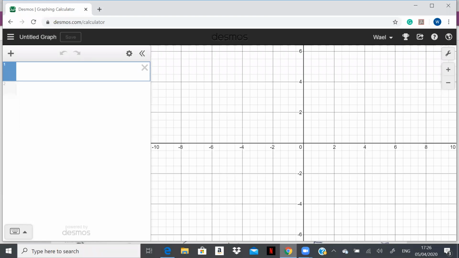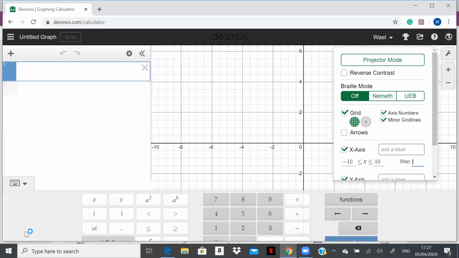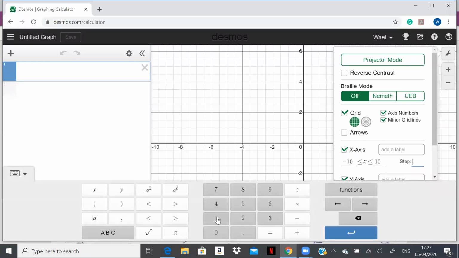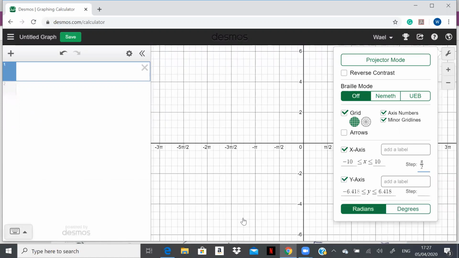We go to settings, go to step, select the keyboard and write pi over 2 to make it like radians, pi divided by 2. It's going to be like this. It doesn't matter if we leave it this way, no problem.